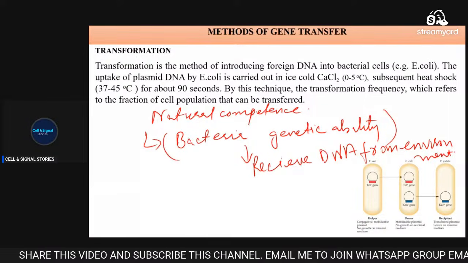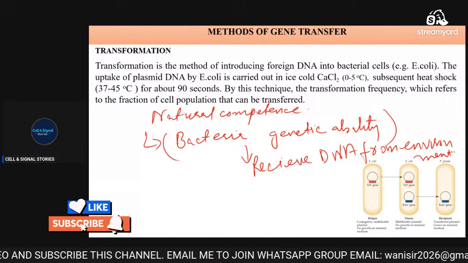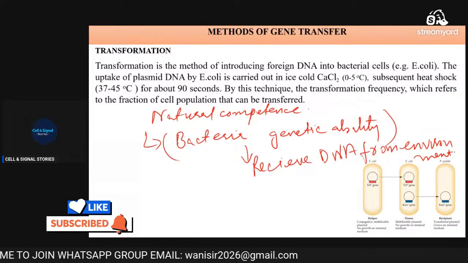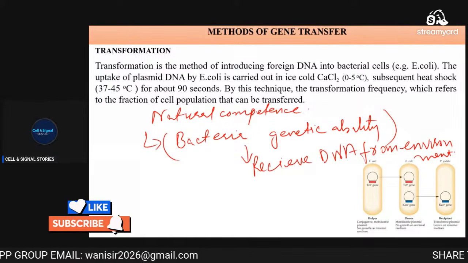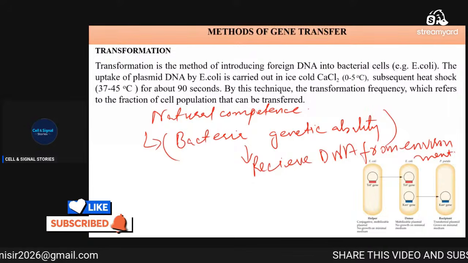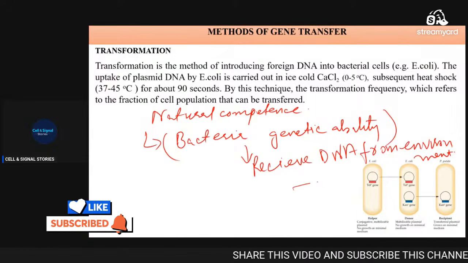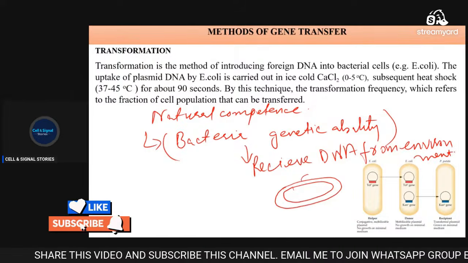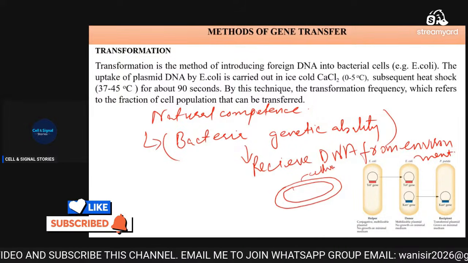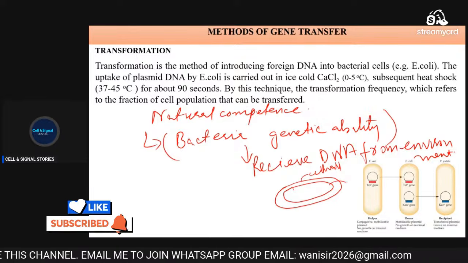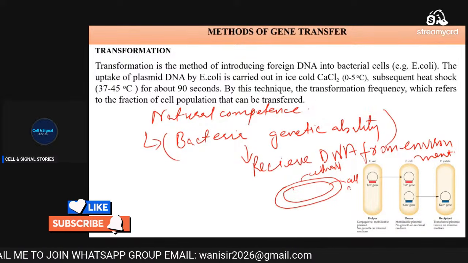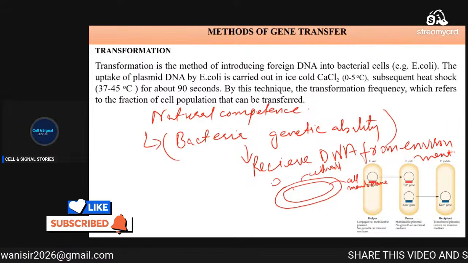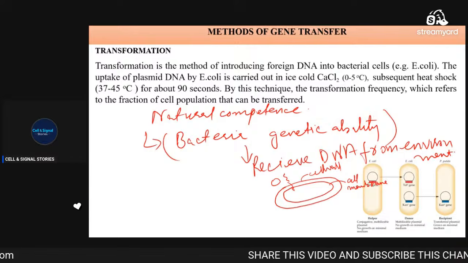But it can be done by the natural way or the in vitro way. Bacteria can also be made competent artificially by treatment and a heat shock to make them transiently permeable to DNA. The bacterial cell has a cell wall outside it, made of lipopolysaccharides, and then the cell membrane. The foreign DNA needs to enter through both of these.